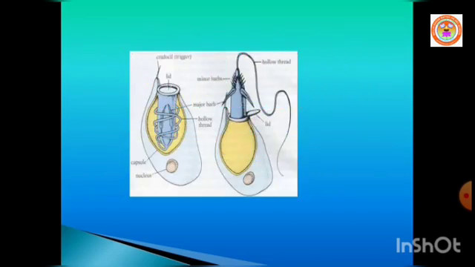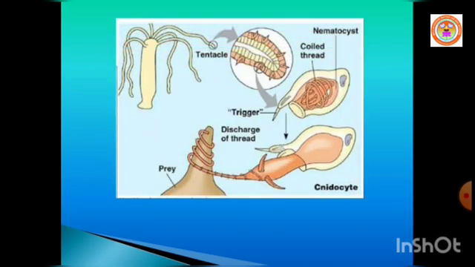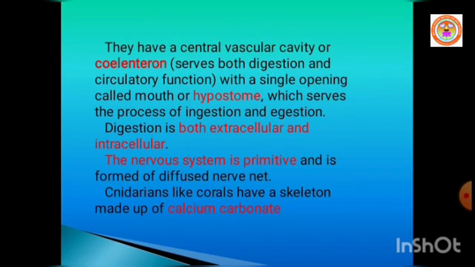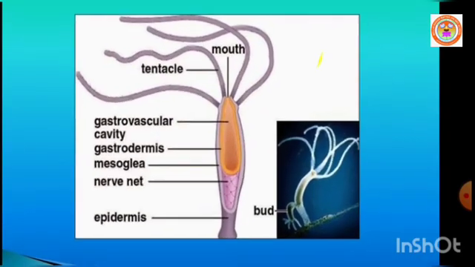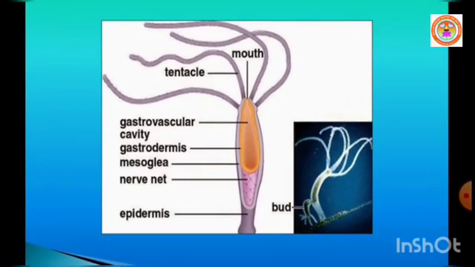Cnidarians, in general, possess a central vascular cavity, also called coelenteron. You are seeing the picture in which Hydra is a very good example for cnidarians. It has a small opening in between the tentacles called the mouth, or hypostome, followed by a small cavity called the central vascular cavity, or coelenteron.